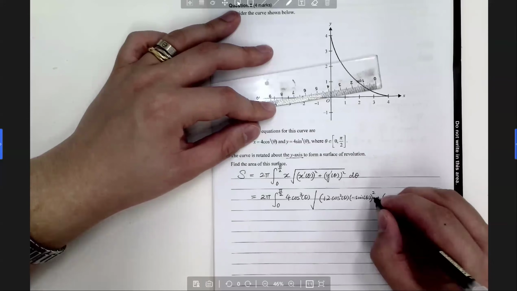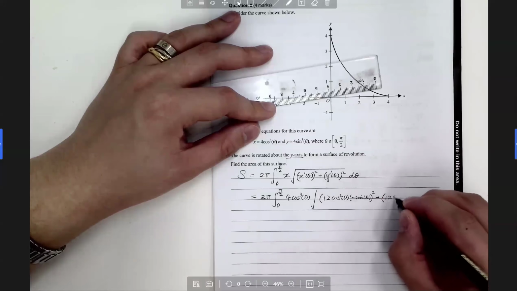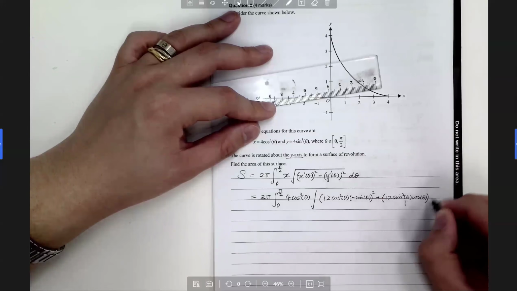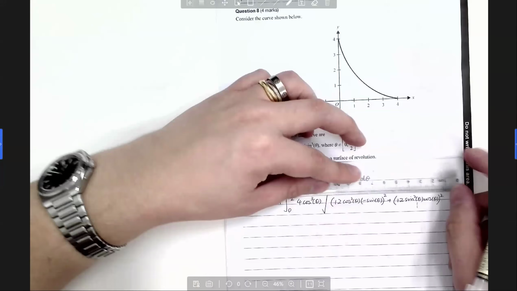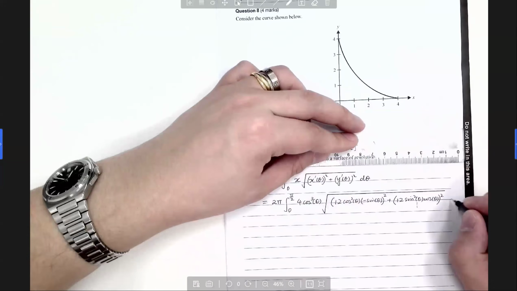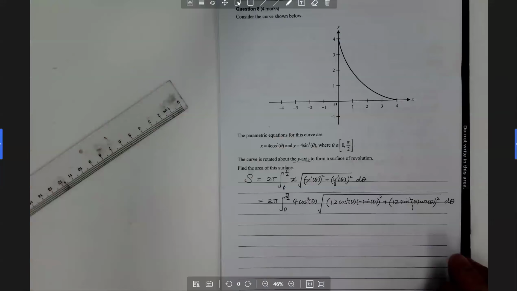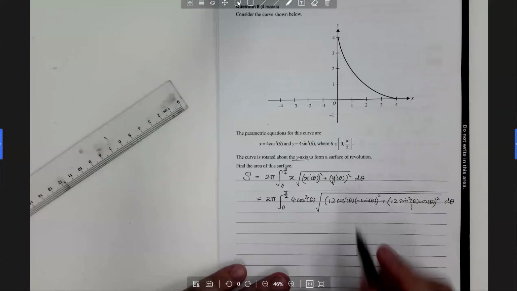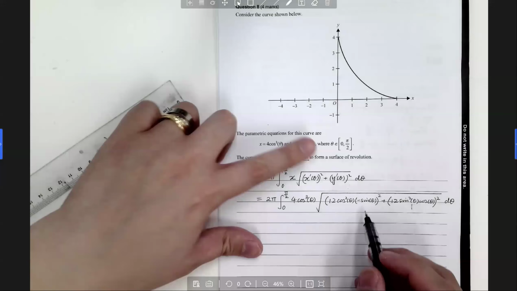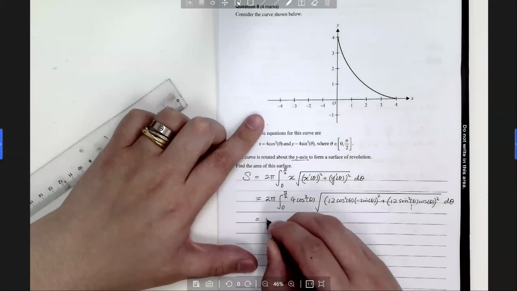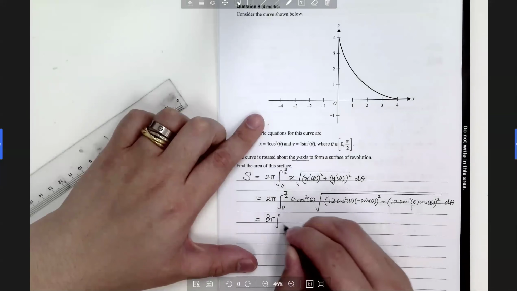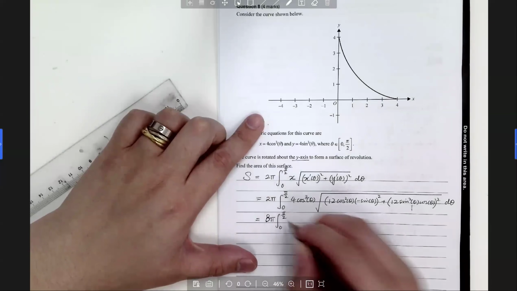Plus, let's say, 12 sine squared theta cosine theta squared. And then I should be able to get d theta, right? And don't forget the chain rule here where you differentiate x and y with respect to theta. And then I'm going to get, maybe I should write an 8 pi instead of 2 pi, from 0 to half pi.